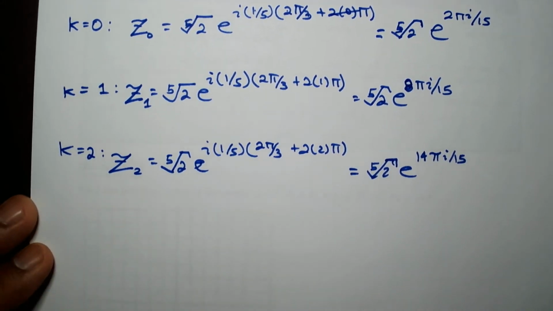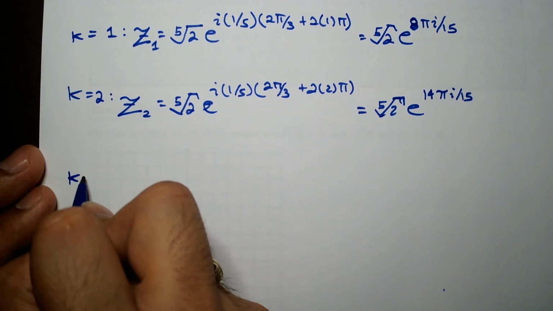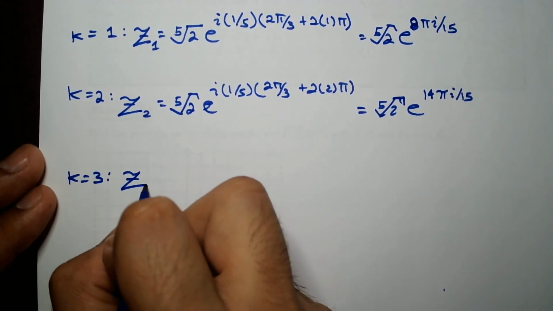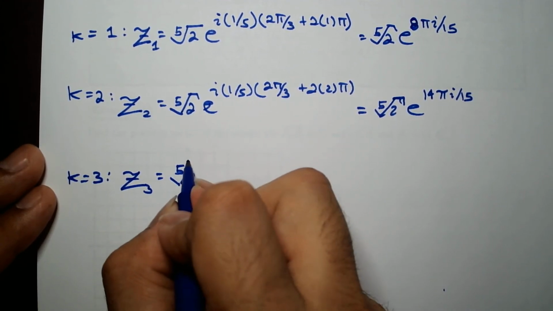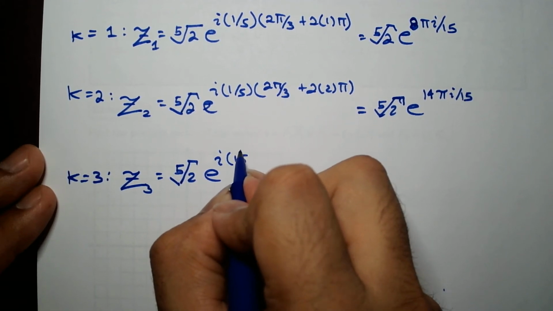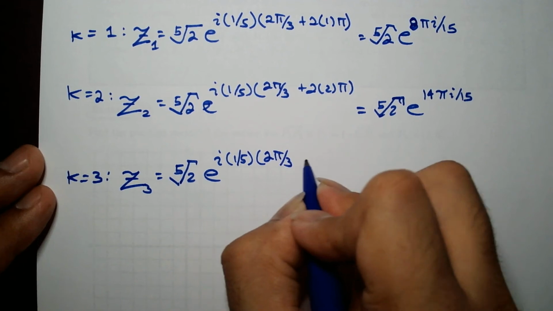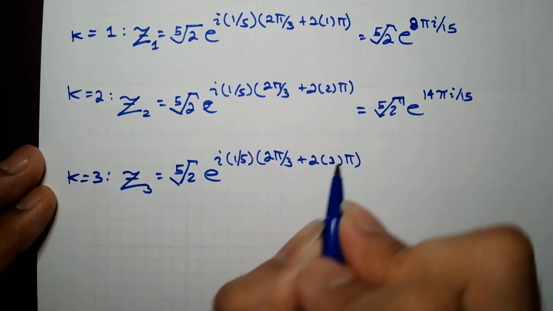So k equals 3. So this is the fifth root of 2 again, e to the i 1/5 times 2 pi over 3 plus 2 times 3 times pi.